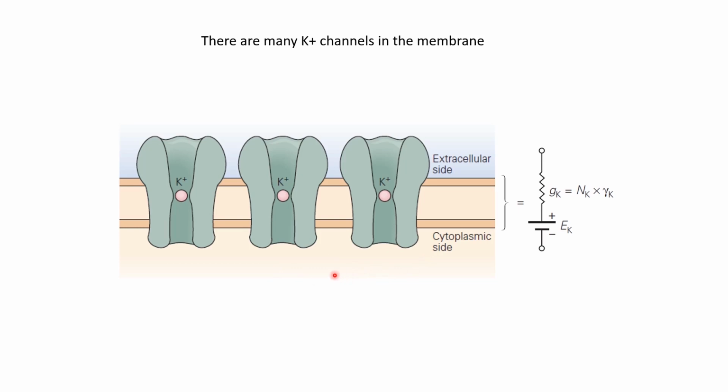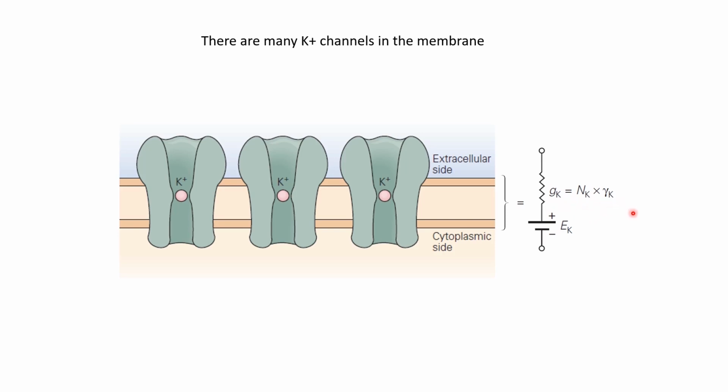Now if we apply a voltage in the neuron that is different from the equilibrium potential, then each of them will conduct current corresponding to the conductance of each of these channels. The total current through all these channels taken together will be simply n times the current through a single channel. Or we can say that the conductance of all these molecules taken together is n times the conductance of a single molecule. So total potassium conductance is the number of potassium channels times the conductance of a single potassium channel.